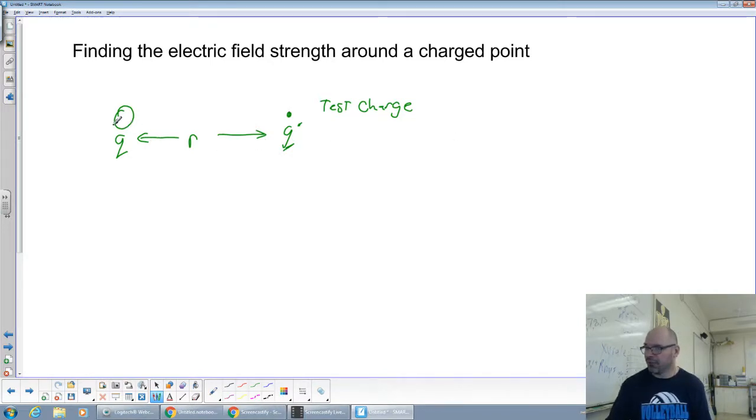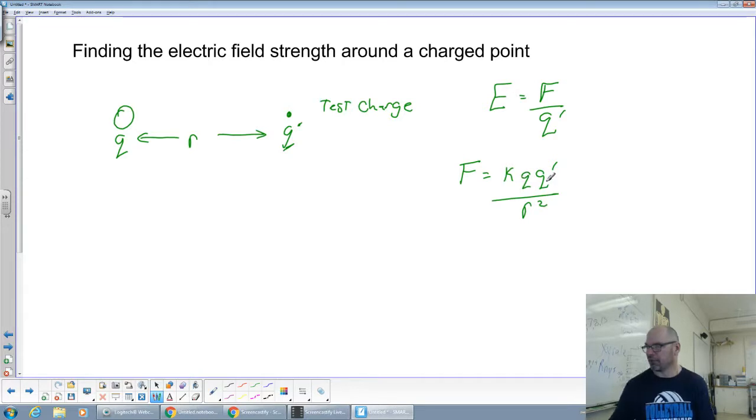We have the electric field around Q, and we have the electric force created between the two charges, which is Coulomb's law right there, and the electric field strength.